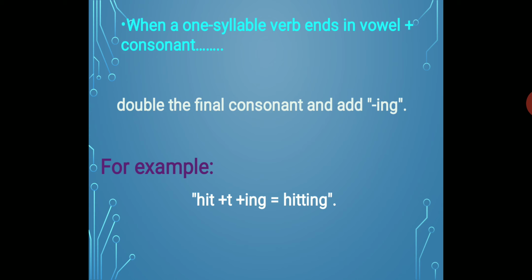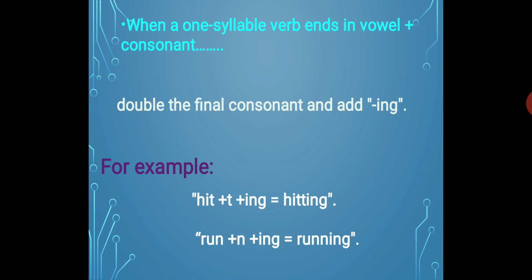And the rule is, one-syllable verb ends in vowel plus consonant, means the last letter is a consonant, and before the consonant there is a vowel, and it is a one-syllable word, then we double the last letter. What is the last letter? T. So we write T two times and then add ing to make it the ing form of the verb. So it will be hitting, H-I-T-T-I-N-G. So hit becomes hitting.